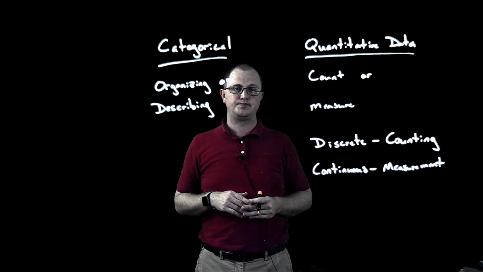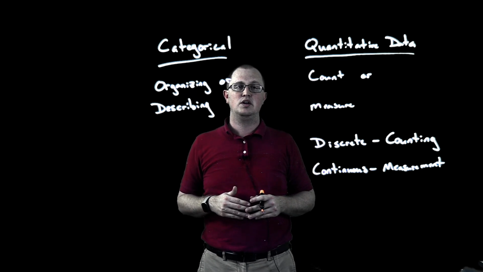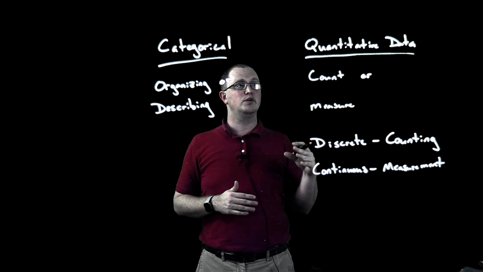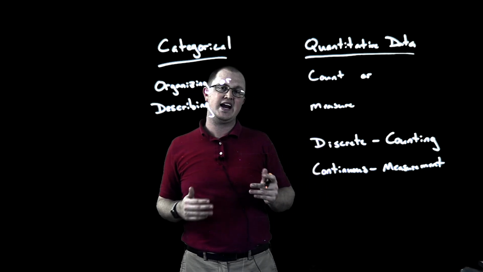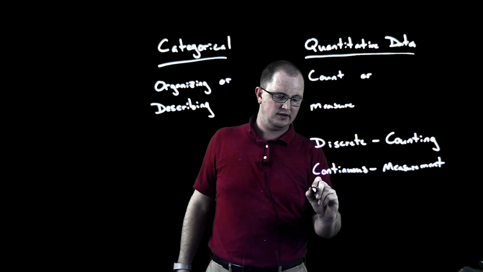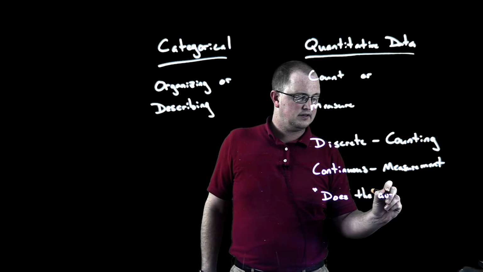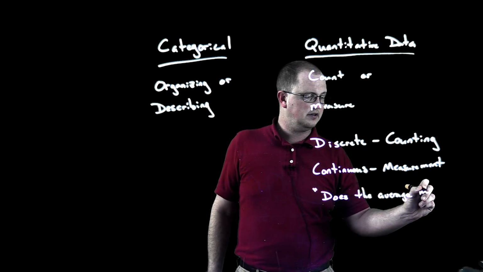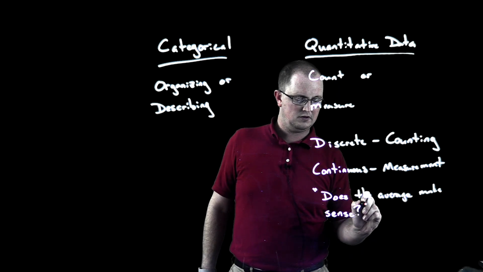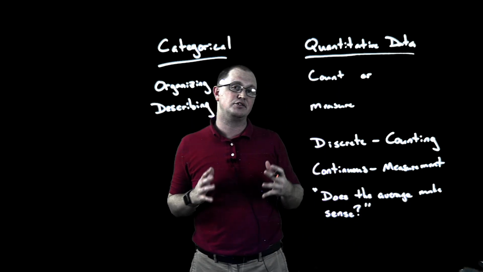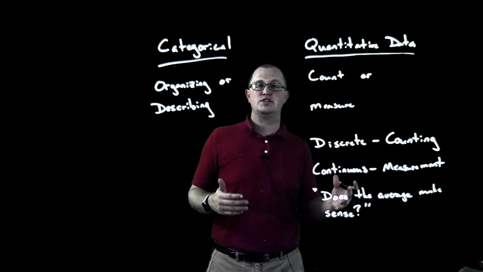And so one of the other ways that we can determine whether or not we're working with quantitative data or categorical data is by asking ourselves the question, does the average make sense? Now, we haven't actually talked about an average yet, and so maybe this will make more sense later.